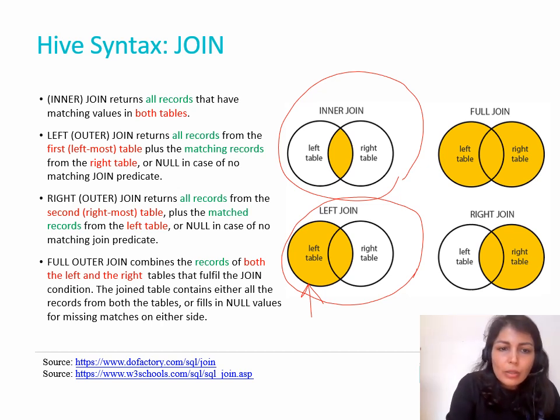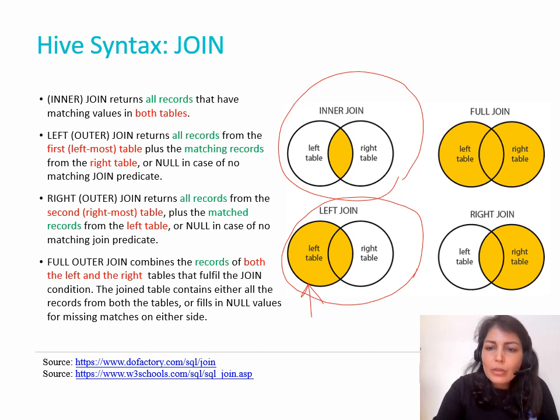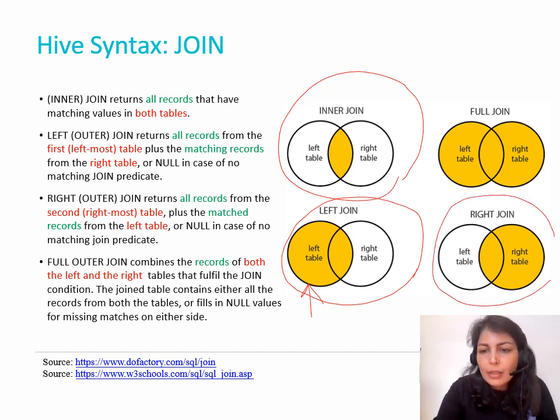Right join or right outer join is similar to left join, but for the right table. It returns all records from the right table plus the matching records from the left table. And if there is no matching record in the left table, in this case, just return null.